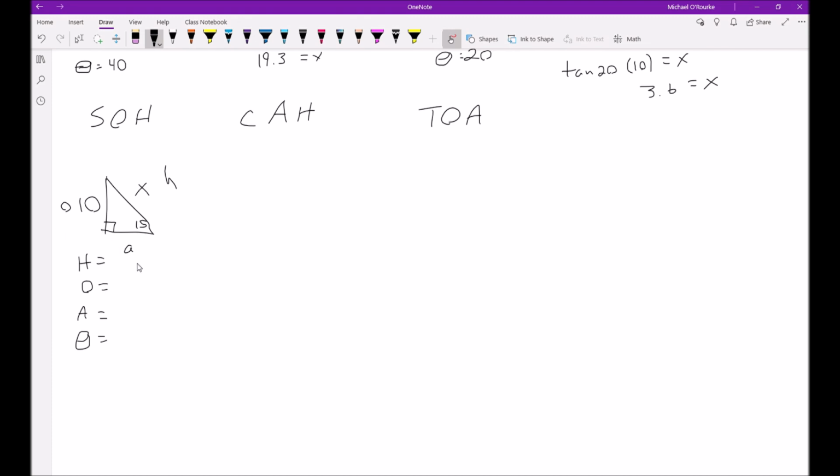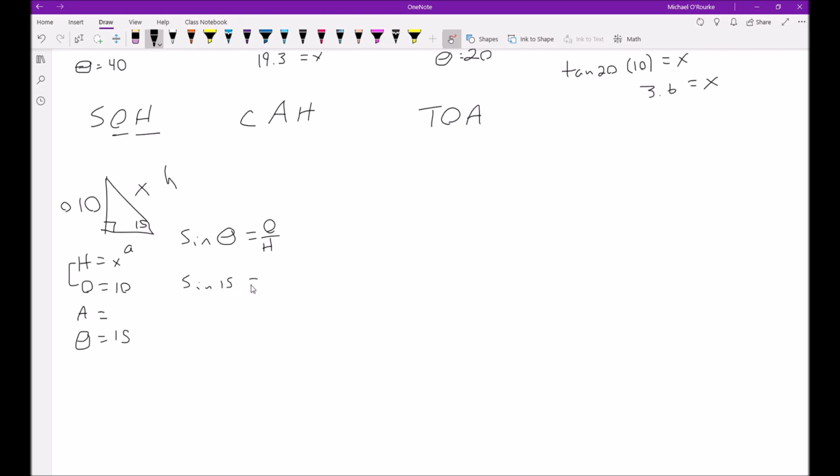Okay? So now I have my hypotenuse is H, my opposite is 10, and my theta is 15. So I have O and H. Okay, so which one am I going to use up here? Here's O and H, so I'm going to use sine theta equals O over H. Now I'm going to go back in and plug everything in.